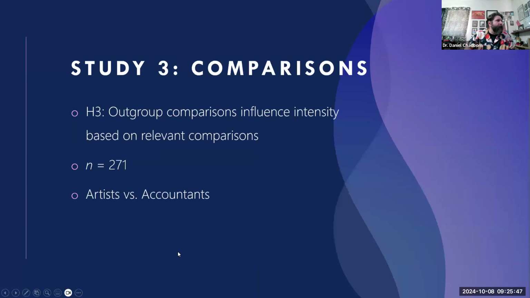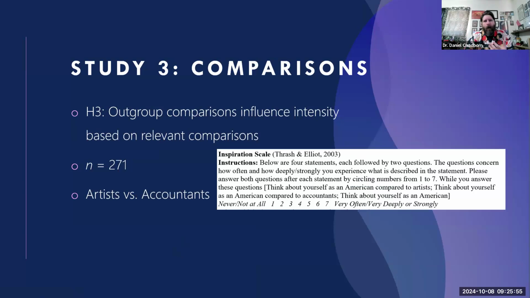Finally, we wanted to do those outgroup comparisons. What happens when we have people compare themselves to highly stereotyped inspiring people or low stereotyped inspiring people? No offense to accountants, but we used them as the group not typically viewed as inspiring, whereas artists have that stereotype for creativity.